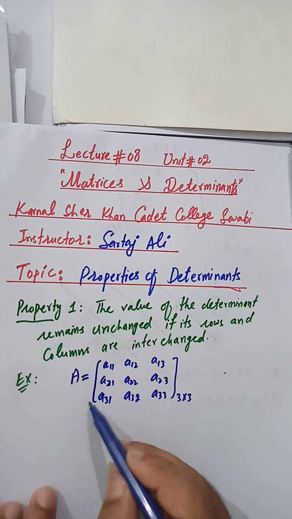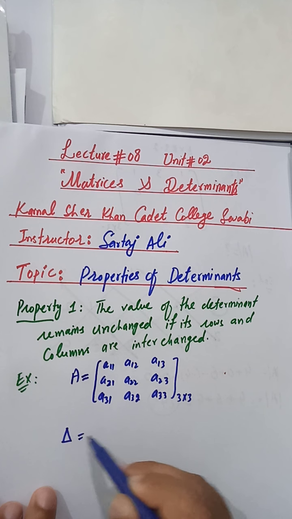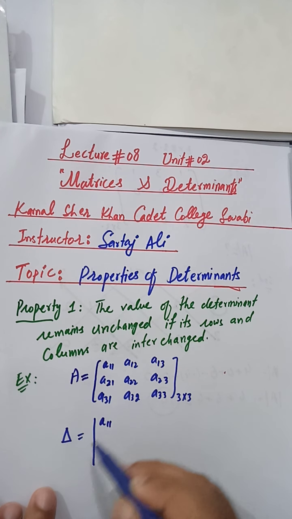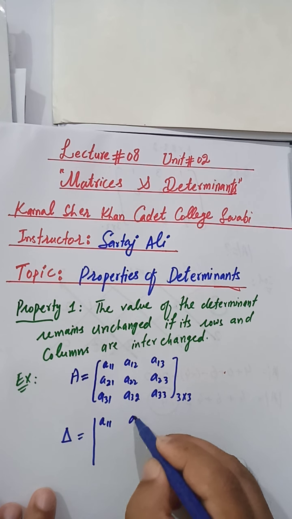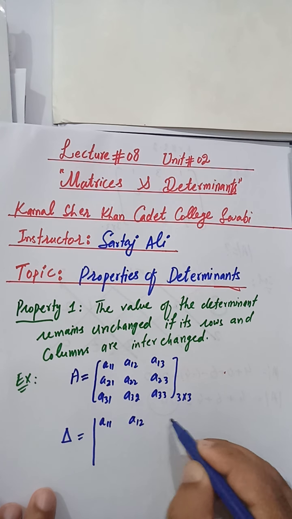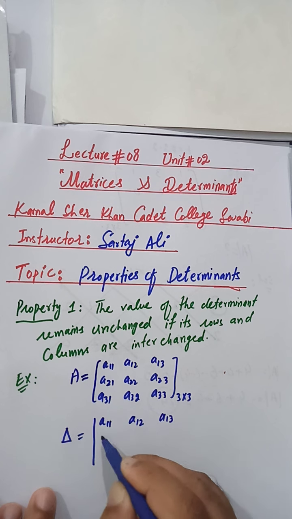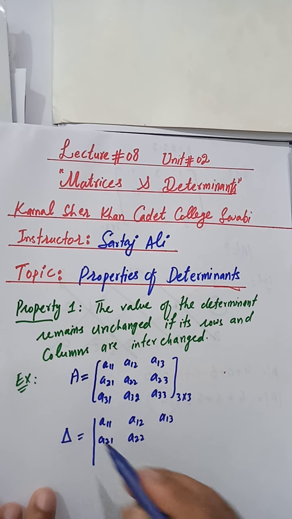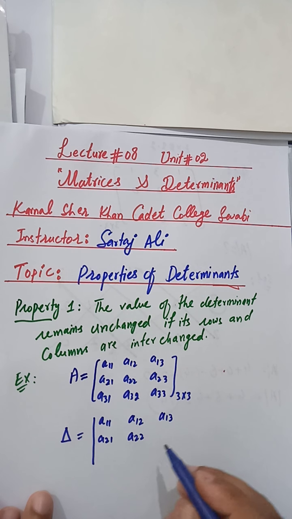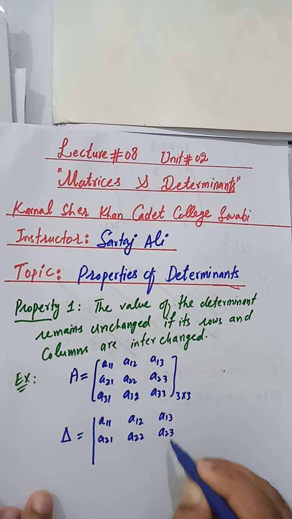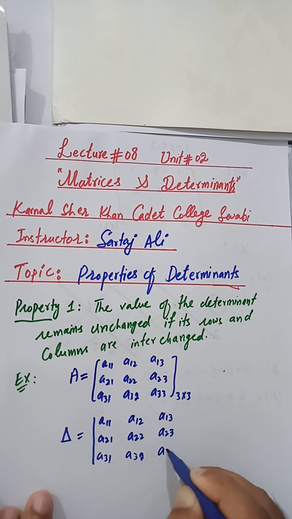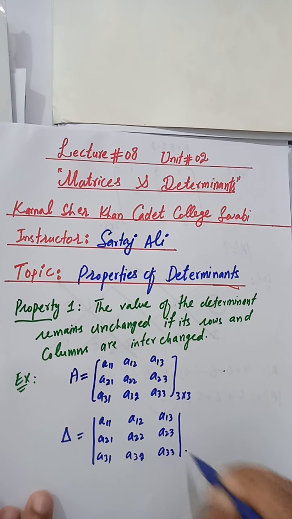Let's say the determinant of this matrix is denoted by delta, and you need to convert the square bracket signs into bars for the determinant notation. This is one of the notations for representing a determinant. So this is the determinant of matrix A.